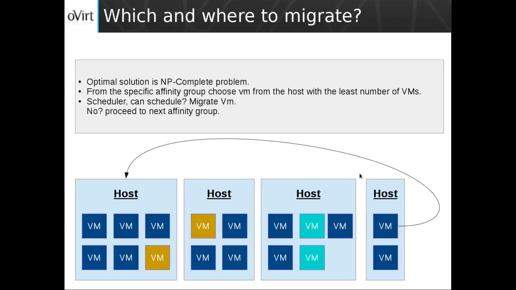And if it can't, and there is no other VM from that host that can be migrated, which we also check using canSchedule, then we proceed to enforce the next affinity group, so we won't waste the interval we got. So that's the way we choose the VM, and where to migrate it.